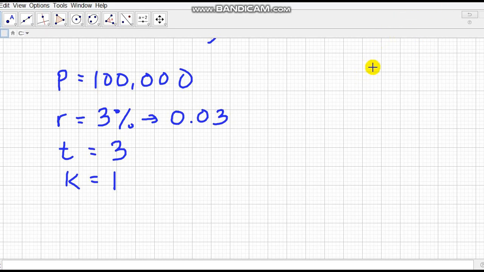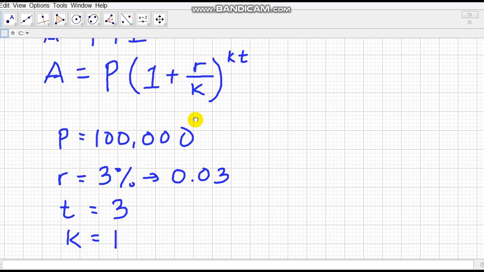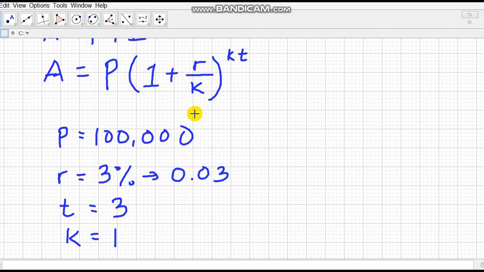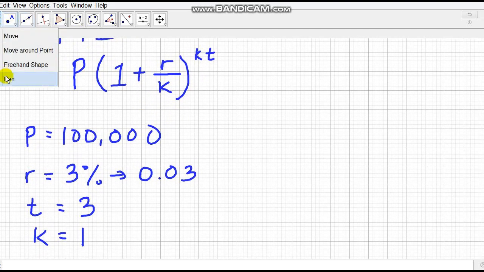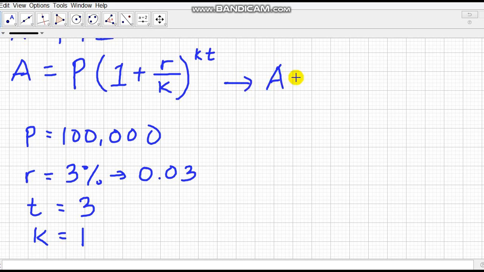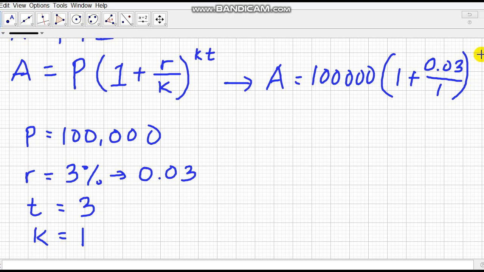So we'd like to know what is the maturity value. So how much will our money be after 3 years, after the compounding? So let's use the formula. So the formula would be A is equal to P times 1 plus R over K raised to KT. So the maturity value would be A is equal to P, which is 100,000, times 1 plus R, which is 0.03, divided by K, which is 1, raised to K, which is also 1, times time, which is 3.